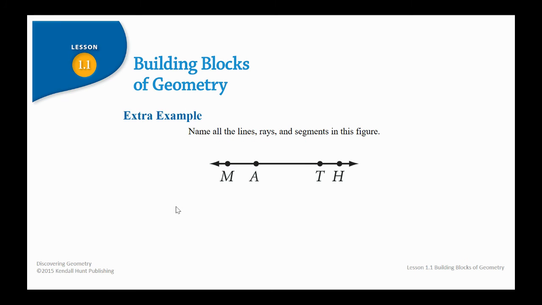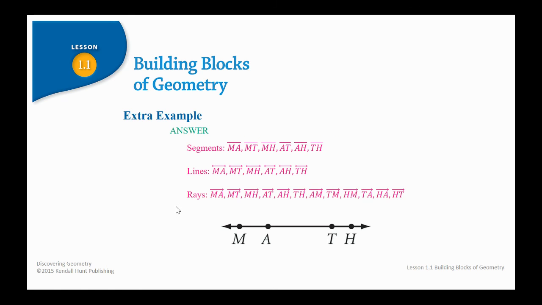Okay. This one, there's a lot in here, so think about this one for a second. Name all the lines in this picture, name all the rays in this picture, and name all the segments in this picture. You can pause the video and then start it up again. So, how many of you actually got them all? That's the question.